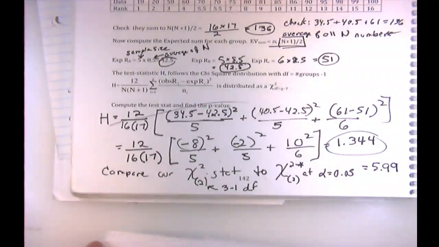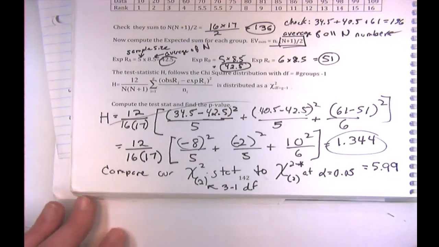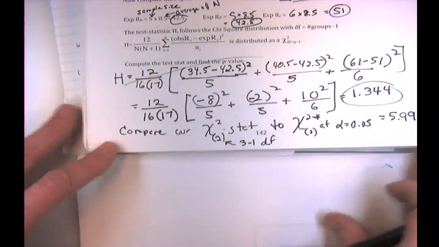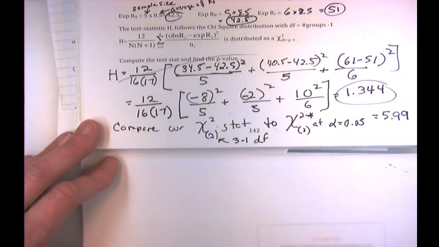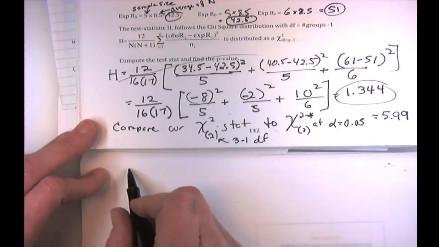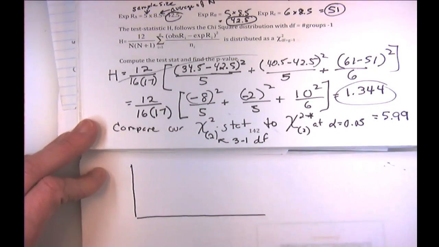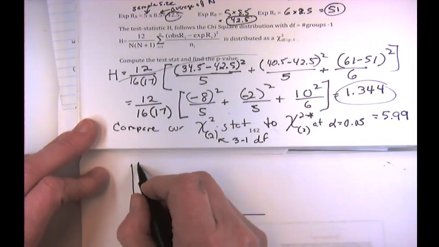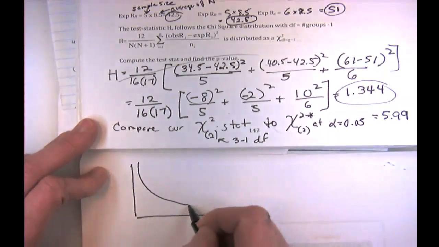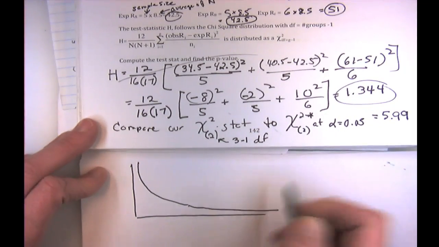I can just show you right here. Okay, we can draw the picture. Just remember, with 2 degrees of freedom, it's not going to be very symmetrical. Chi-square is always positive, so it's going to look like this. It's not going to start looking like the normal curve yet.